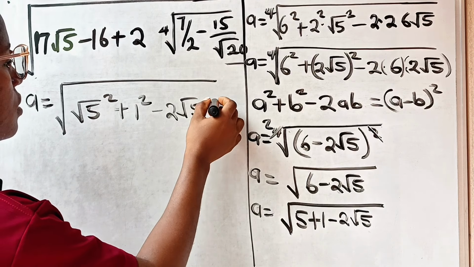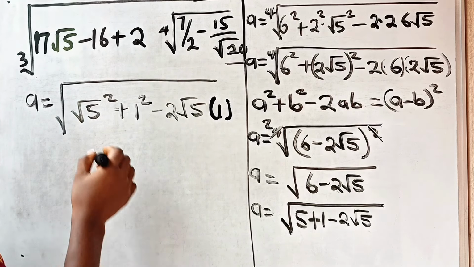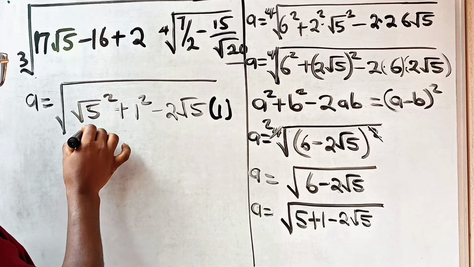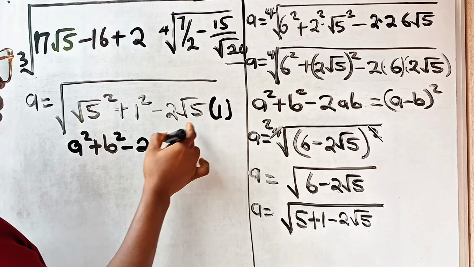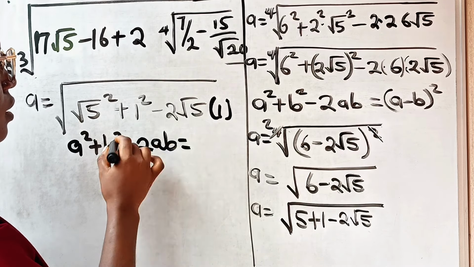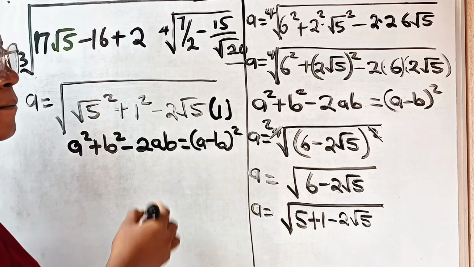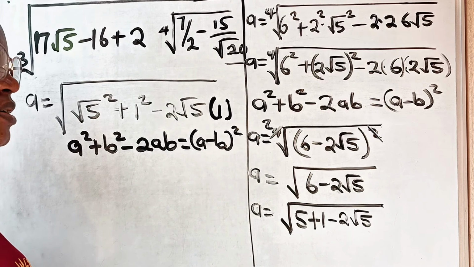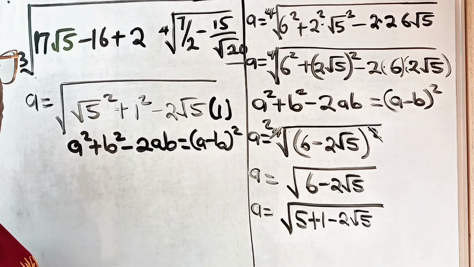Alright, so this, we can actually multiply this by 1 as well. Now if you look at this, if we have a squared plus b squared minus 2ab, then we are seeing this as well, right? a minus b squared. Now in this case, our a is root 5 and our b is 1.